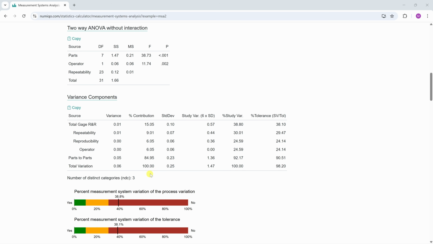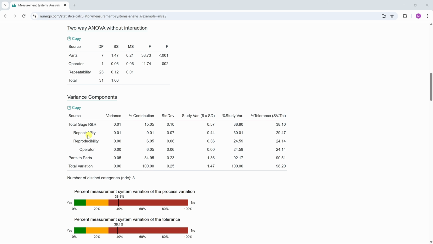Next, percentage contribution. This tells us what share of the total variance comes from each source. About 85% comes from the parts themselves, which means the parts are truly different. That's a good sign. However, our total Gage R&R makes up the remaining 15%, which is quite a lot.